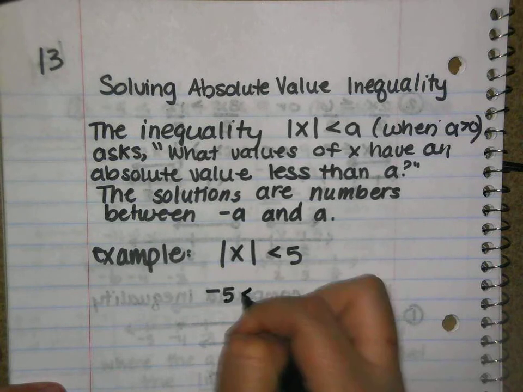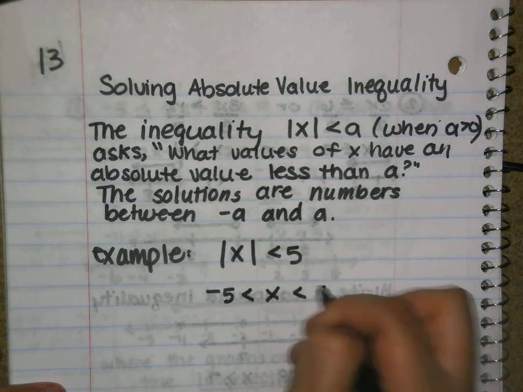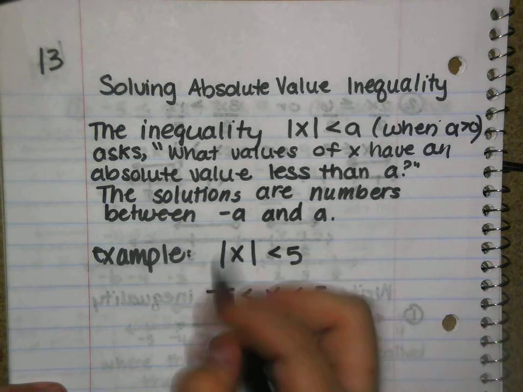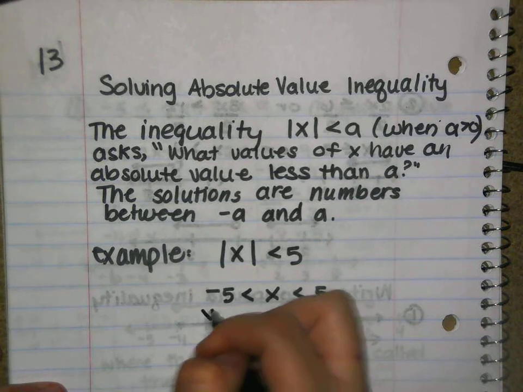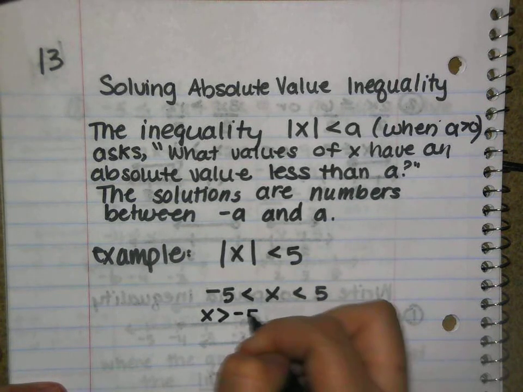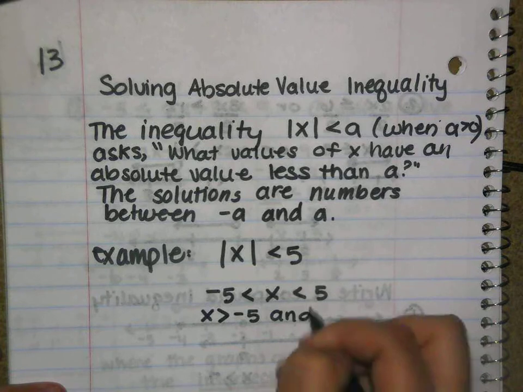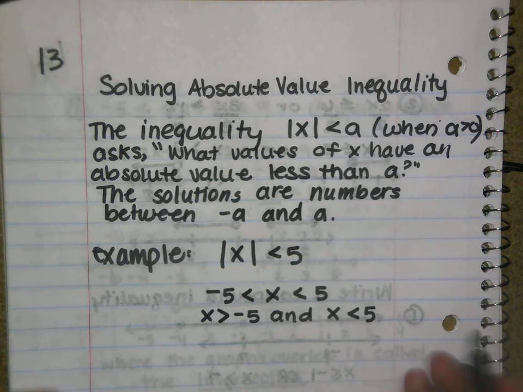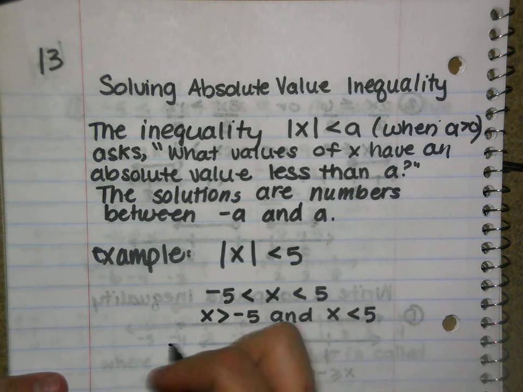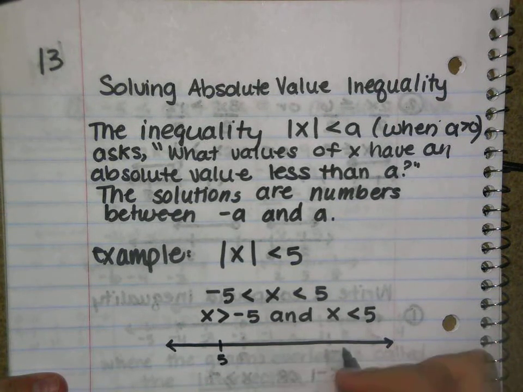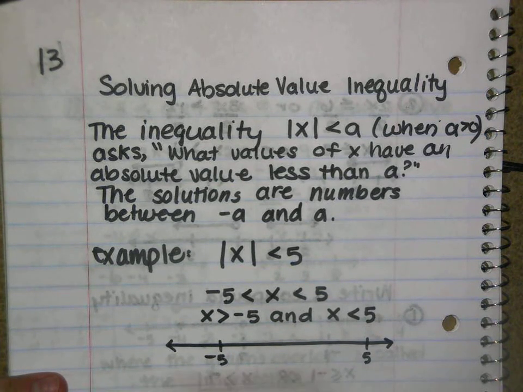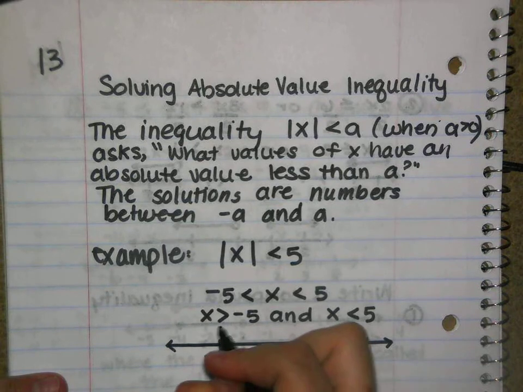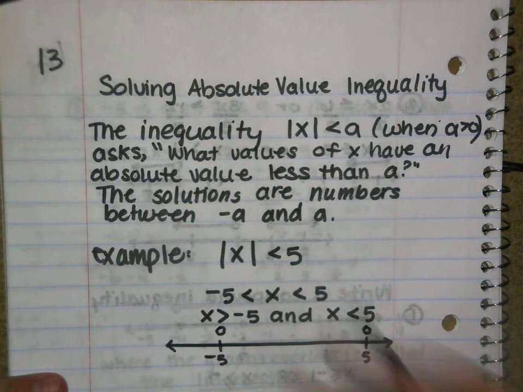Or you may write that x is greater than negative 5 and x is less than positive 5. Okay, and we just learned that on the graph that would look something like this. We'd have 5 over here, negative 5 here, and 5 over here. Again, the smallers are on the left, the biggers are on the right. We have open circles, okay, and they're going to be connected because they're and, right? So that's what your graphs would look like.